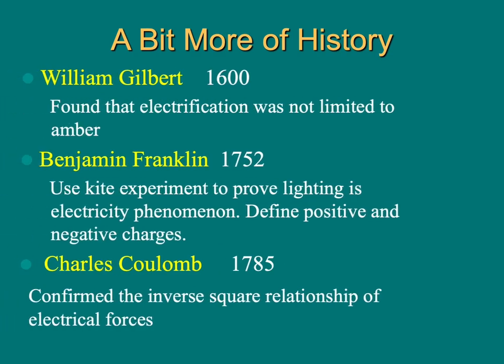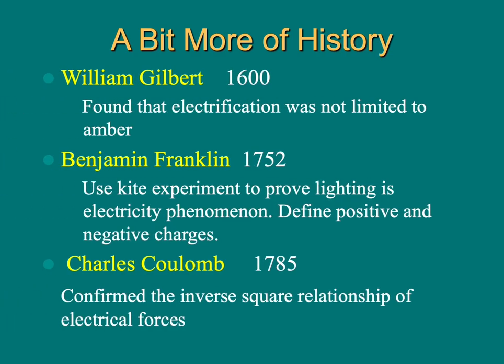Now, fast forward the time to 1600. Around that time, people started to notice electrification that is not limited to amber. And Benjamin Franklin, in 1752, used a famous kite experiment to prove lightning is electricity.